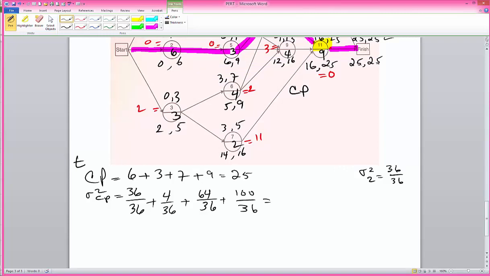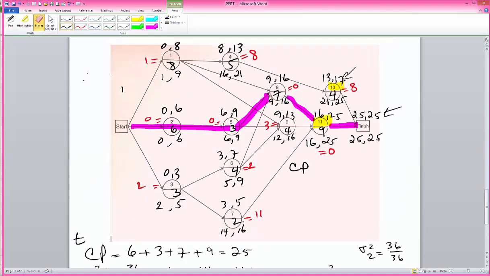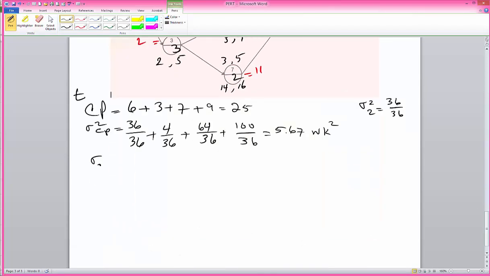That summation is 5.67 weeks squared. So if I take the square root of it, the sigma for the critical path will be the square root of 5.67, which gives me 2.38.